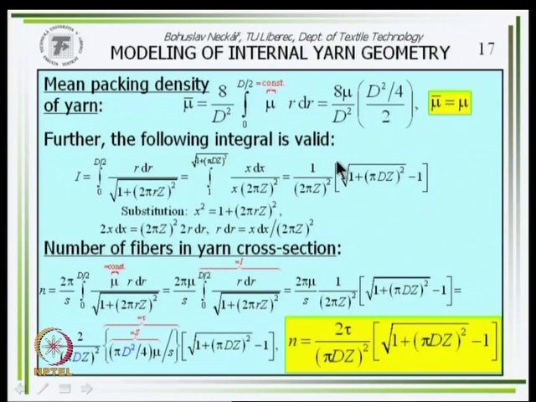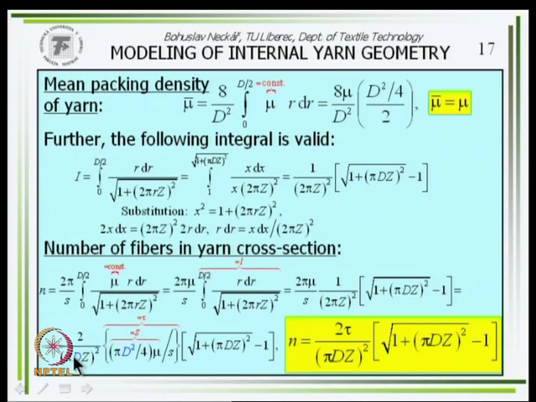Well, the number of fibers in the yarn cross-section. For this we had this expression. Now mu is constant and can go before the integral. We obtain this expression. But this is our earlier integral, this one. In place of this we can give this expression in brackets.